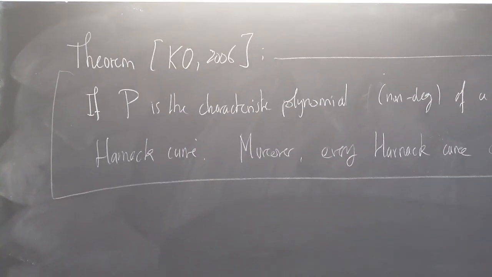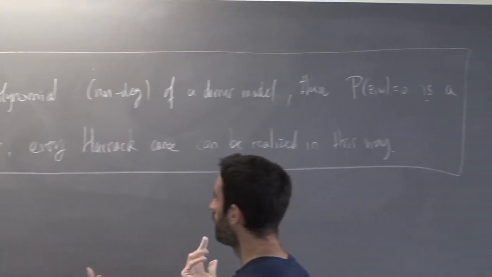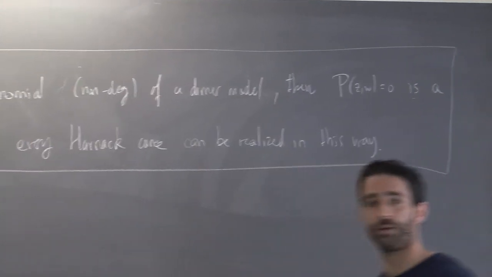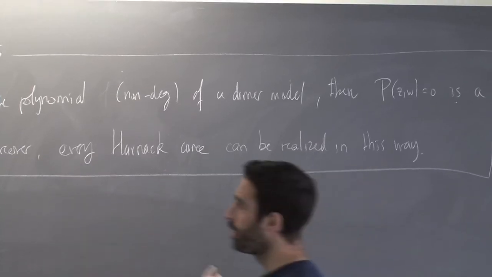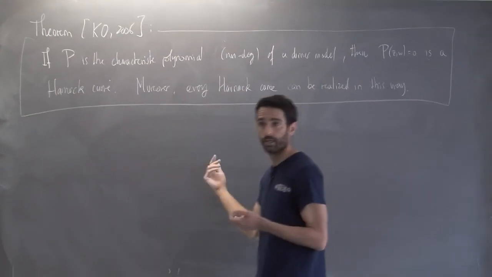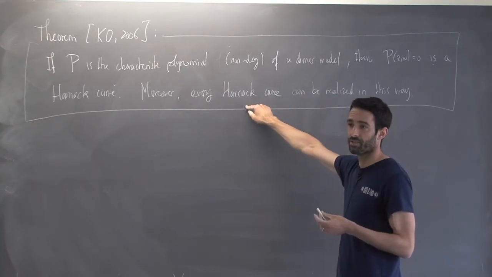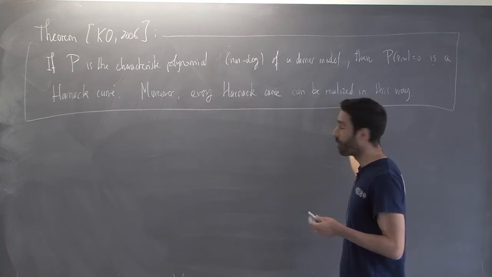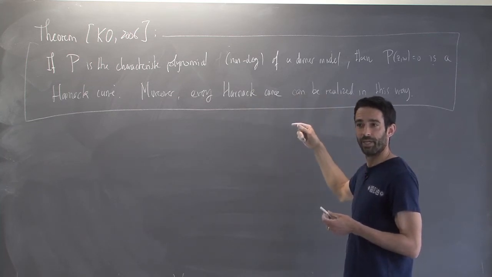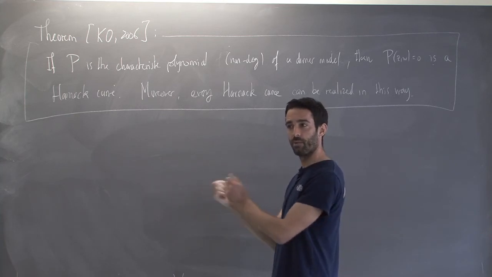And this is really spectacular because now it means that this theorem goes both ways. If you're interested in the Dimer model as we are, then we can use real algebraic geometry to prove things like we did and like we will do next time. But if you're interested in Harnack curves, then you can use the Dimer model to study them, because you can parameterize Harnack curves using Dimer models.